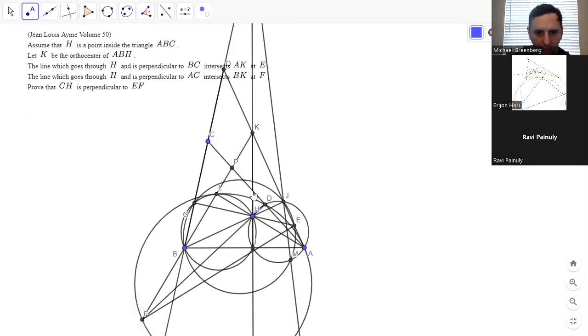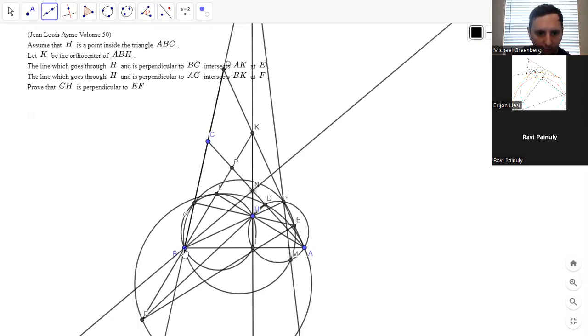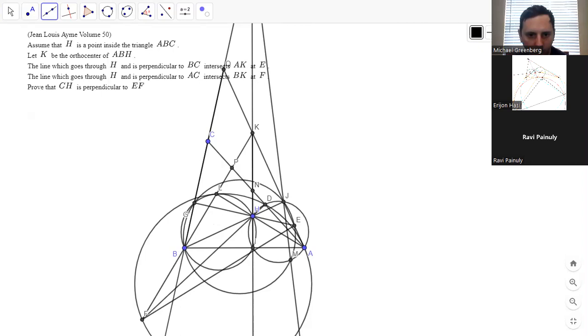So we have BCIH. So let's go through some special point. BCIH and JA. And we should have ACIH and some other point. I just can't figure out what that other point is.